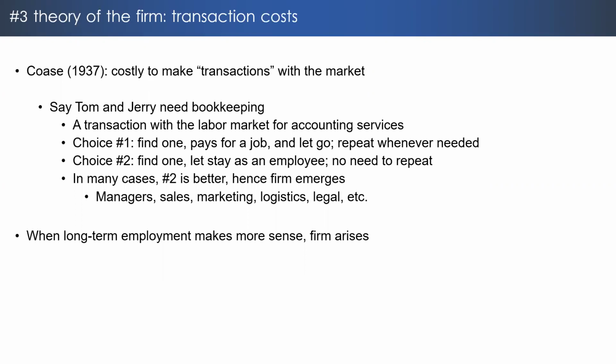So what he says is that firms arise because it's costly to make transactions like this, to acquire service from the market again and again, compared to finding a permanent or relatively permanent employee and letting him stay within the firm. So that's what he proposes for the emergence of firms.